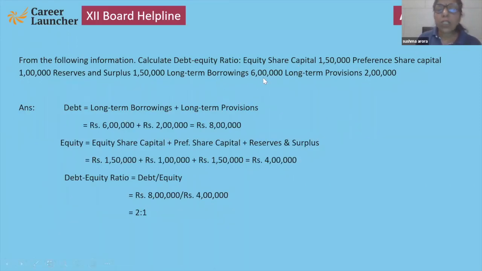Your answer will be 2:1. Debt equity ratio will be twice of equity here. Debt is 8 lakh while equity is 4 lakh. Children, note down.